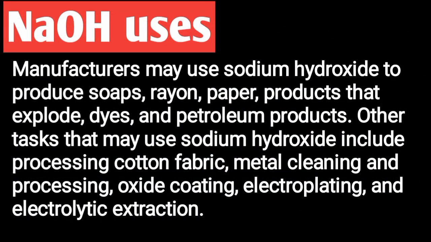Manufacturers may use sodium hydroxide to produce soaps, rayon, paper products, explosives, dyes, and petroleum products. Other tasks that may use sodium hydroxide include processing cotton fabric, metal cleaning and processing, oxide coating, electroplating, and electrolytic extractions.